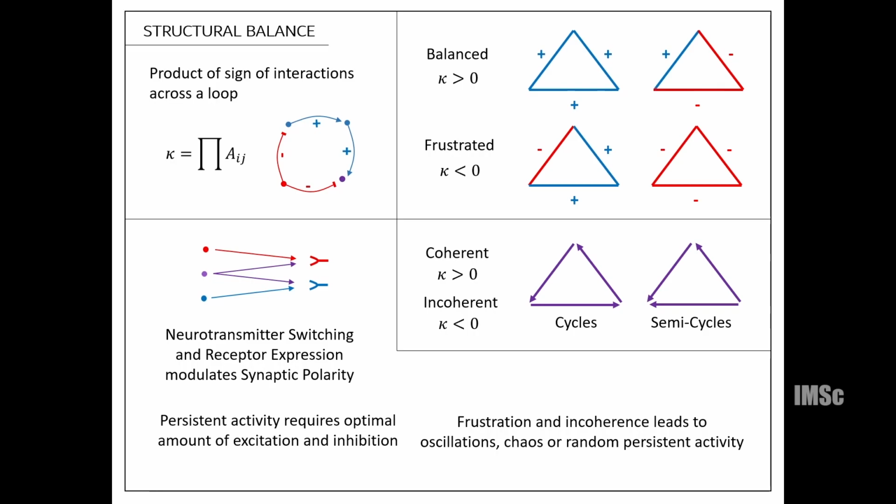So what you do is you go over all multiple loops in the network, you take a product of all the signs, right? And if this product is positive, you say that the network is balanced in case of a directed network, or if it's undirected, you say that there is coherent signaling.